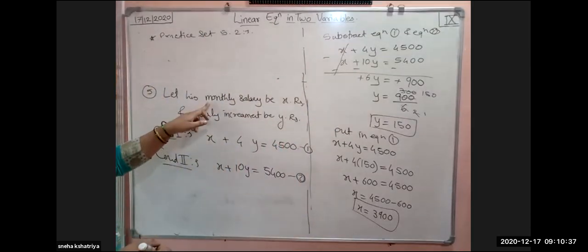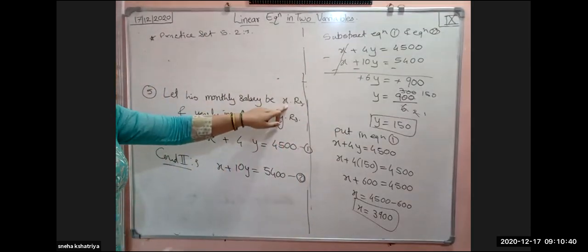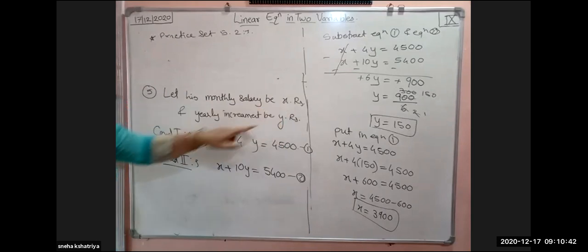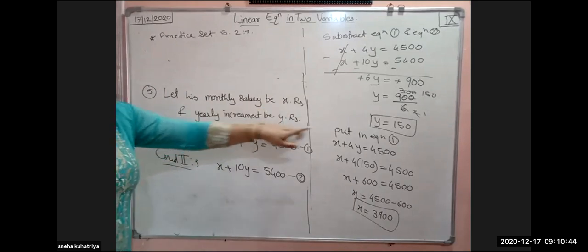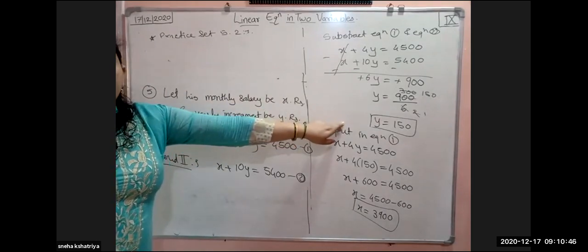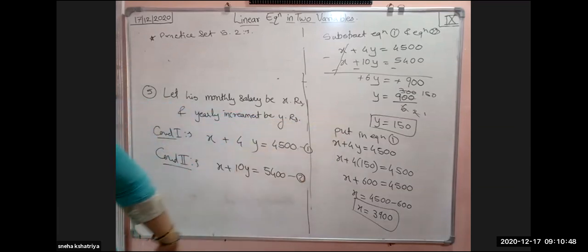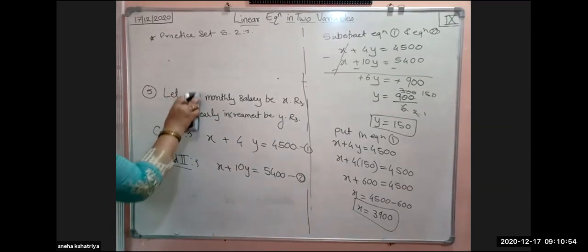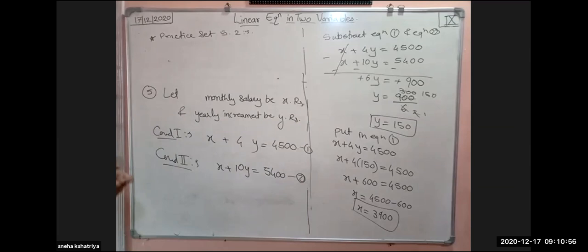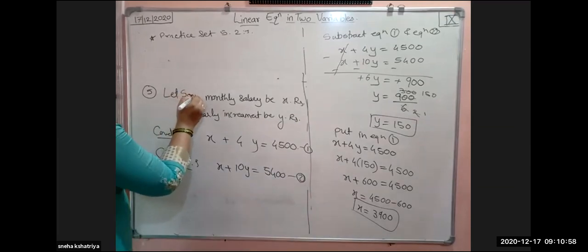So his monthly salary is how much? x rupees means 3900. And yearly increment be y. y means here the value is 150. So write down that Sanjay's, here the name of the person is given.